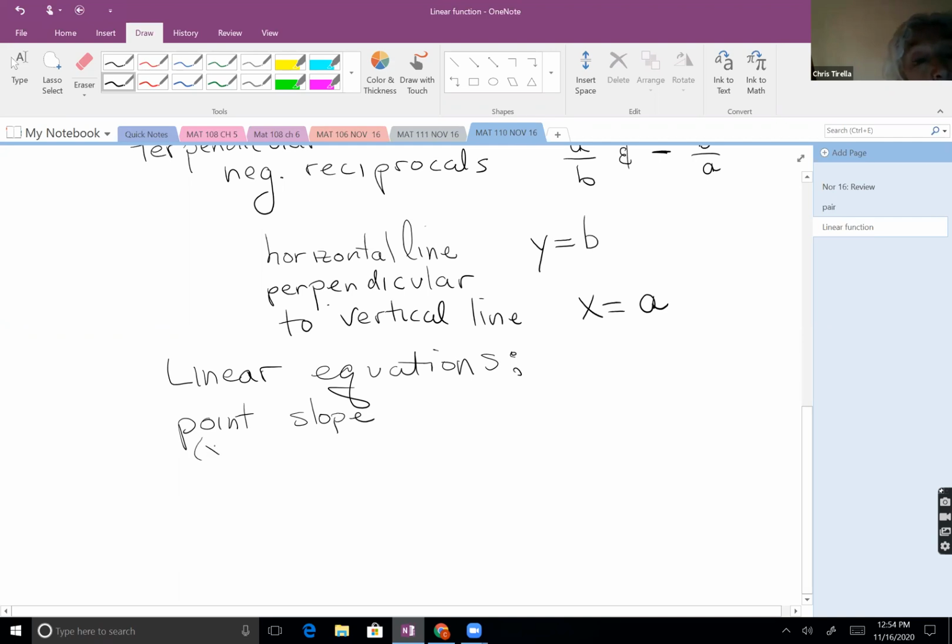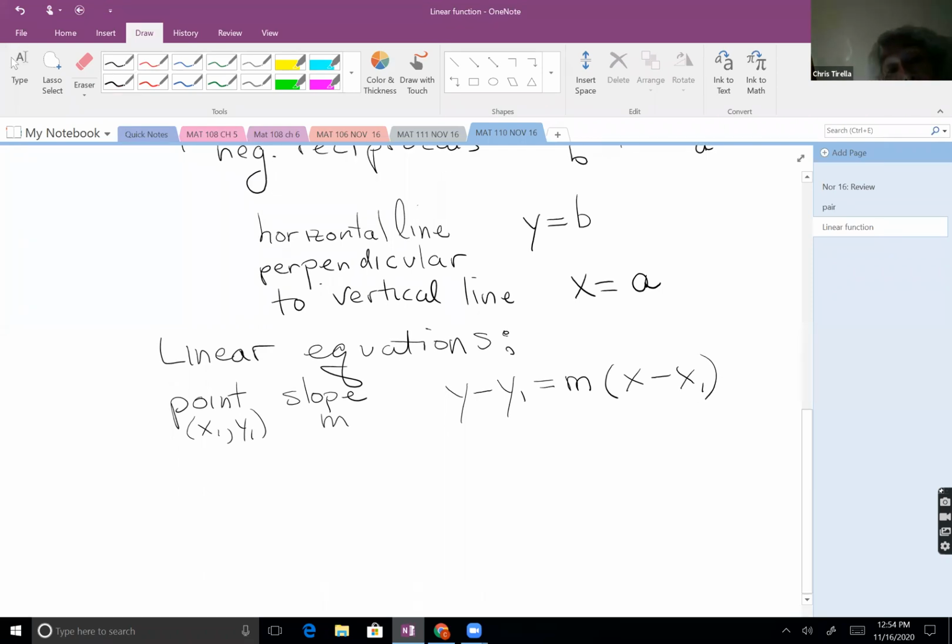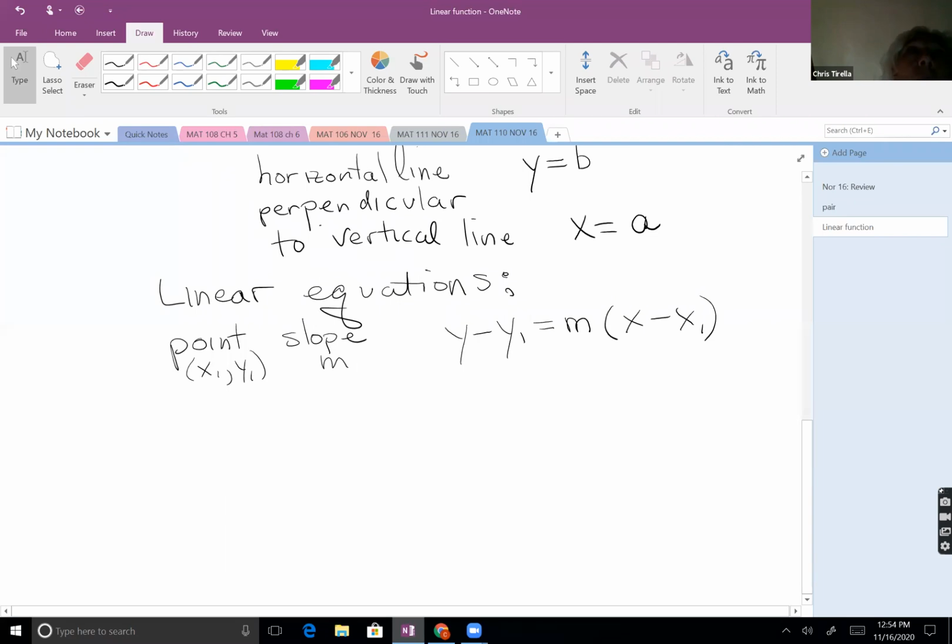And we use it if we have a point x1, y1, and a slope m. And it's y minus the y value of the point, y minus y1 is equal to the slope, or m, times x minus the x value of the point, x minus x1. And so that was my point slope formula.